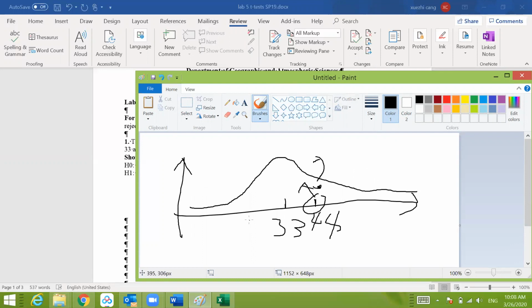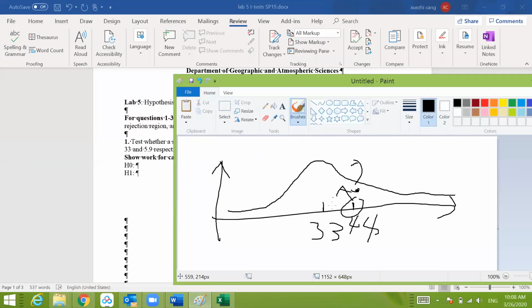So here I will give you two extreme cases. If we want to figure out whether 33 belongs to this distribution, then it absolutely belongs to this distribution, right? Because here the possibility is very high.